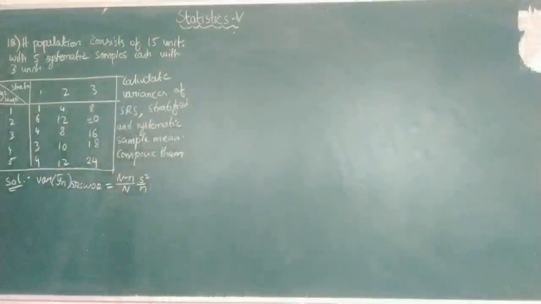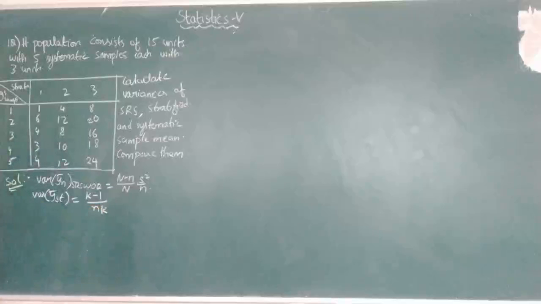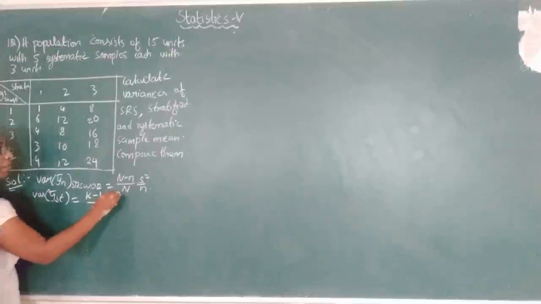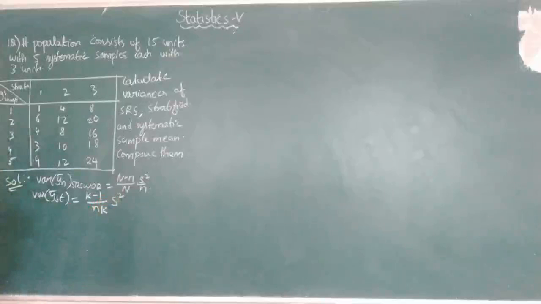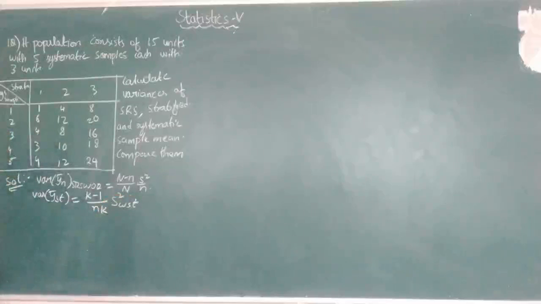Next, coming to the variance of the stratified random sampling. The variance of y bar st is given by the formula (k minus 1) by nk, which we used while finding the comparison in our previous class. We will be using s square, but here s square will use the value of S square WST, the population mean square of WST, when stratified is converted to systematic sampling. So what is the formula for S square WST?